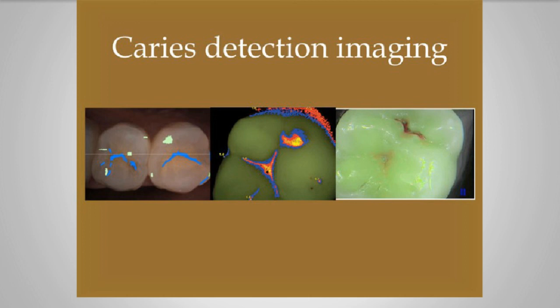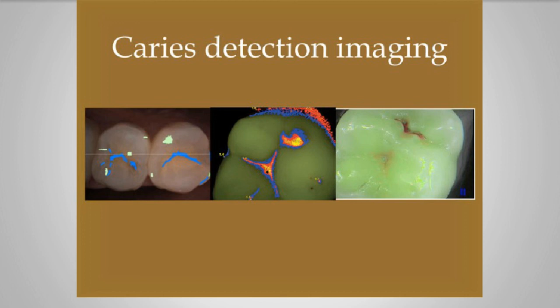So then we get these kind of pictures, and if you look at the one on your left, that's an image from Carestream CS1600. The one in the middle is the Air Techniques Spectra, and the one on the right is the Sopro Life from Acteon. And as you can see, it's giving you information about caries.